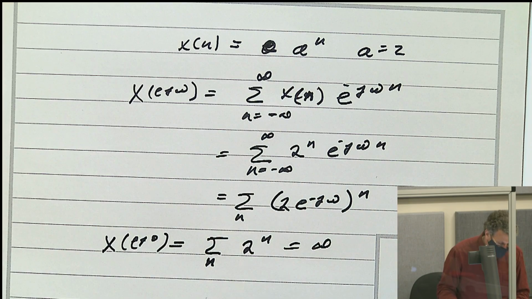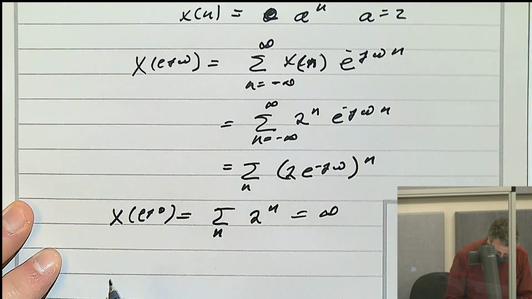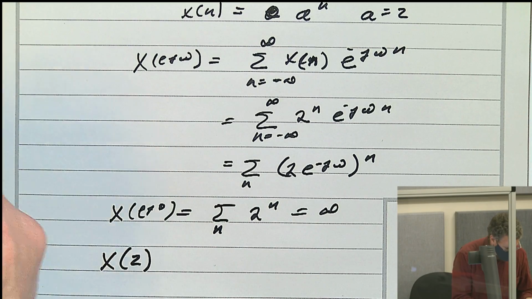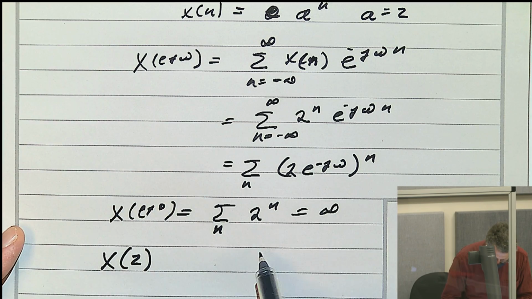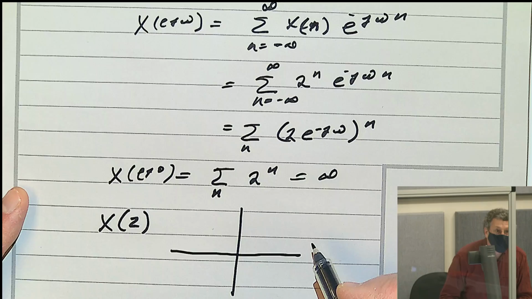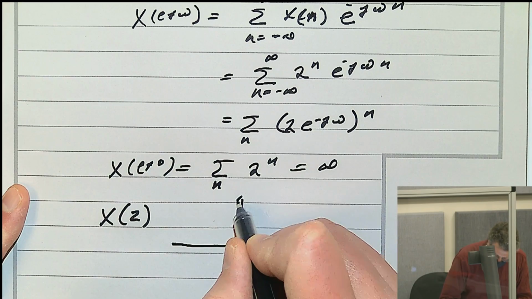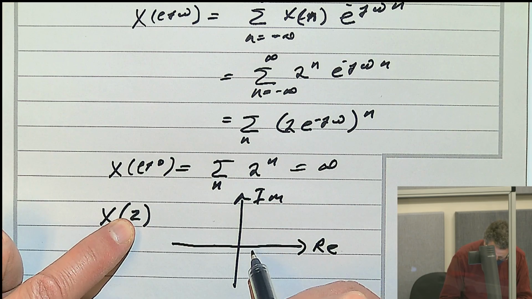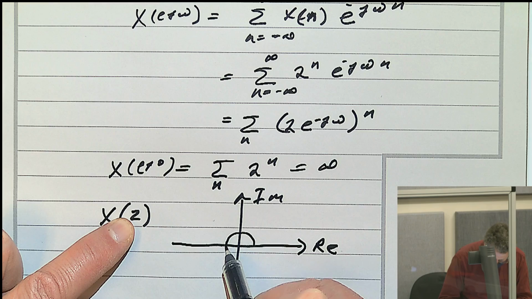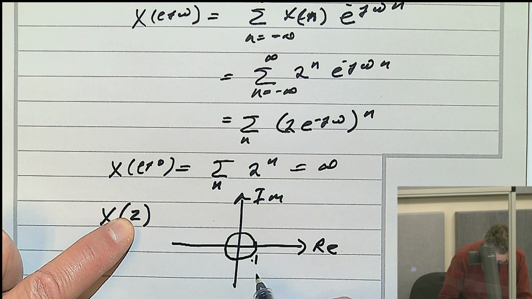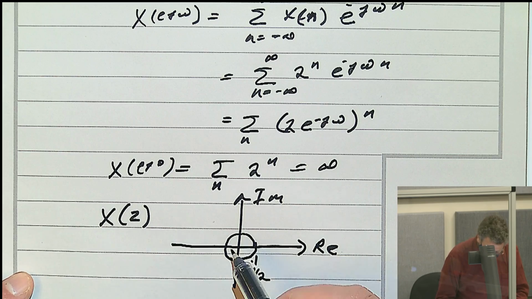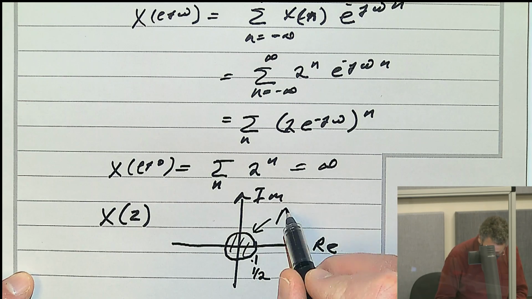So what will happen is that the region of convergence of x of z, this is real, this is imaginary, as long as the magnitude of z is less than 1/2, this will be the region of convergence.